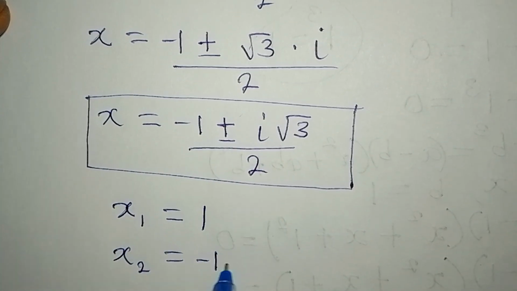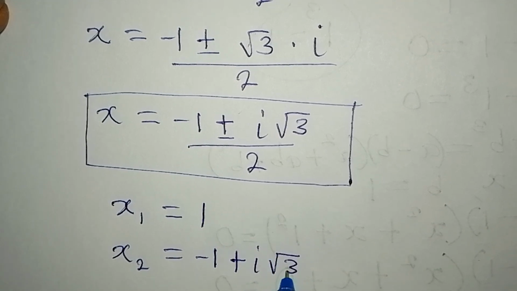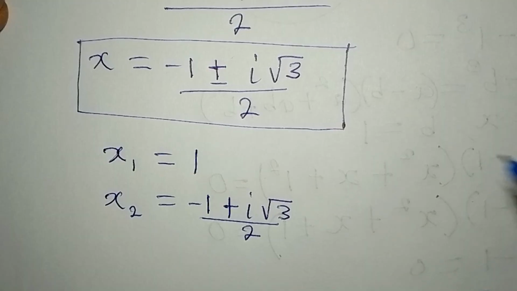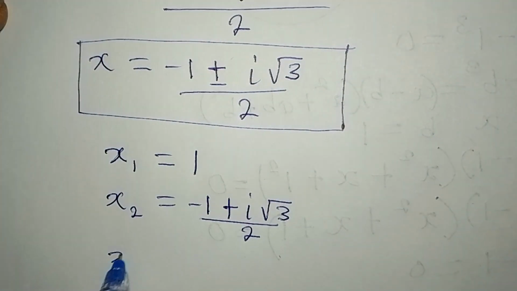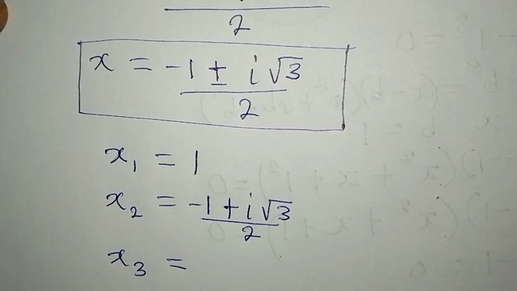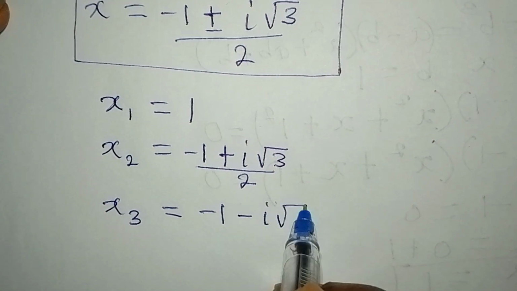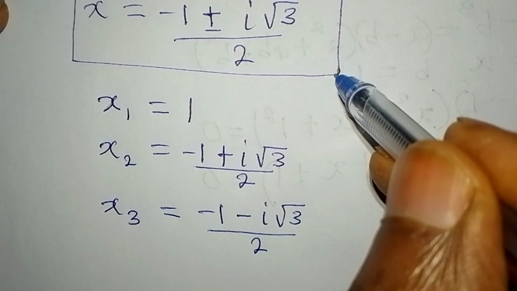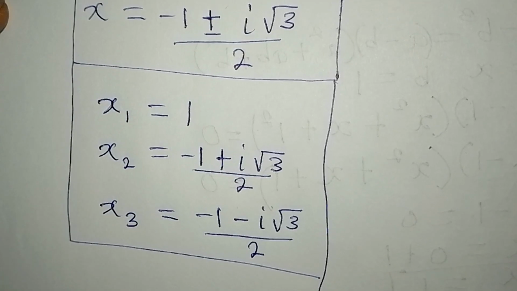We have minus 1 plus i root 3, then divide by 2. What I've done is to make use of the positive. Now I'm going to use the negative, so that our x3 will be equal to minus 1 minus i root 3, and that will be over 2. So from here, we have the 3 solutions to the equation.